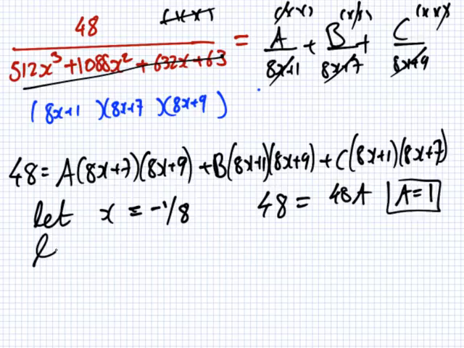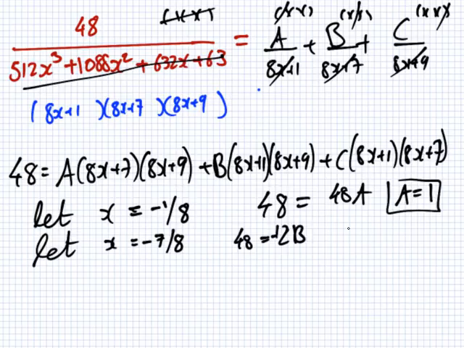What could I choose next for x if I want to only get the B? I could choose minus 7 over 8. That will kill this one and the last one, keeping the middle one. So minus 7 plus 1 is minus 6, times 2, minus 12. 48 equals minus 12B, so B equals minus 4.